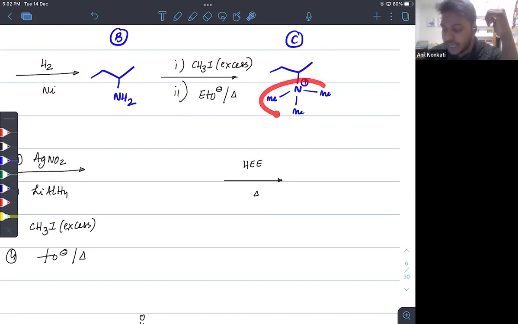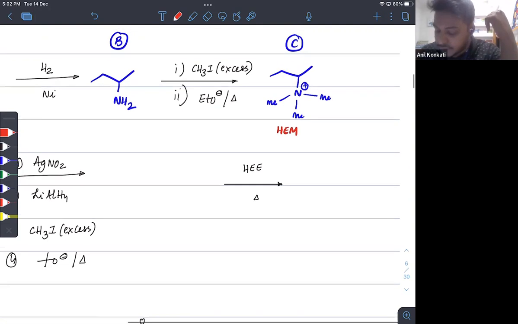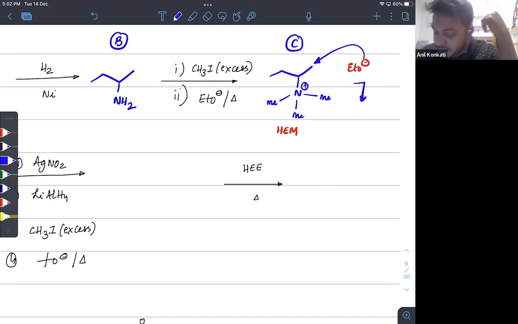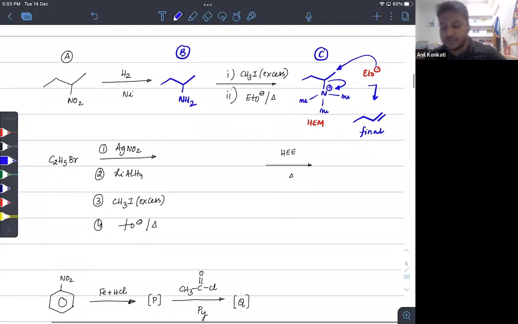You know that NMe3 is a relatively weak leaving group, so it will generate a partial negative character on both of them, which we call Hofmann exhaustive elimination. Therefore, EtO minus will extract the proton from here, which eventually gives us a double bond by removing this group. So this is the final product which is expected. Clear, everybody? That will be the product C.